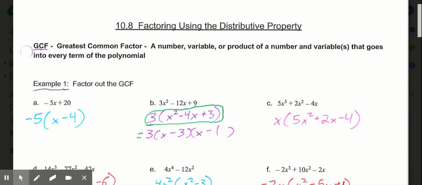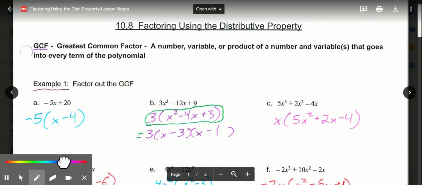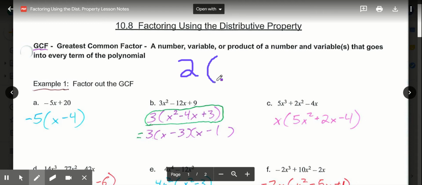So the distributive property, reminder again, ends up with you factoring something outside of parentheses. For example, if I was to use the distributive property on a problem like 2 times x minus 4, the distributive property tells us to take the 2 times the x and the 2 times the 4.